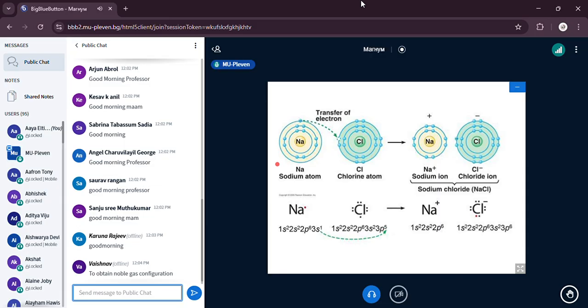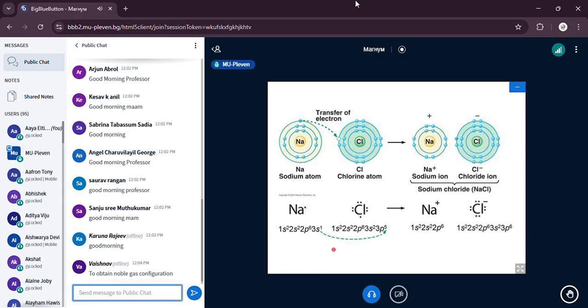So to get a stable 8-electron configuration, you can see chlorine in its outermost electron shell has 7 electrons and it gains 1 electron. In this way, the sodium atom, now a sodium ion, has 8 electrons in its outermost electron shell, and the chlorine atom has also 8 electrons.